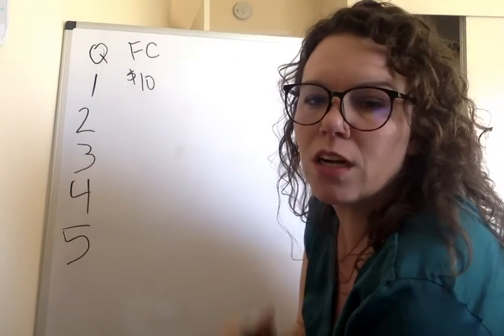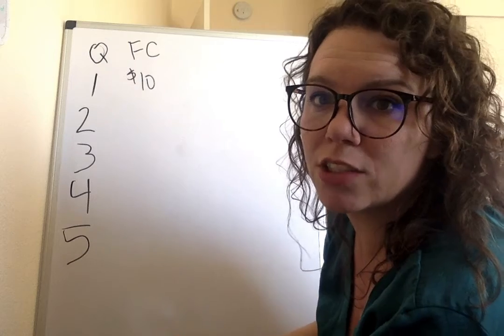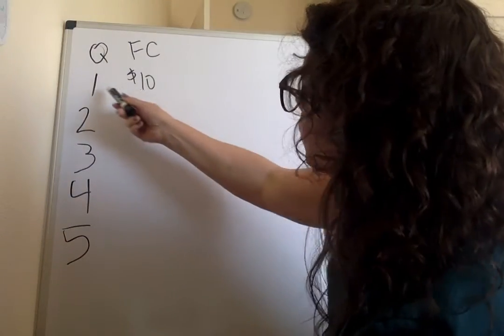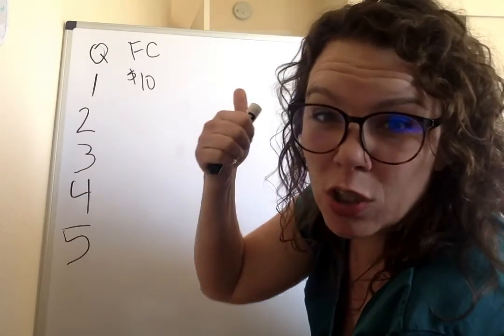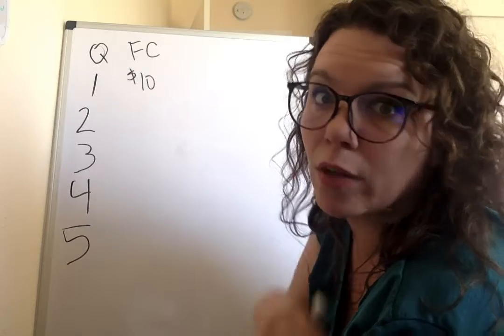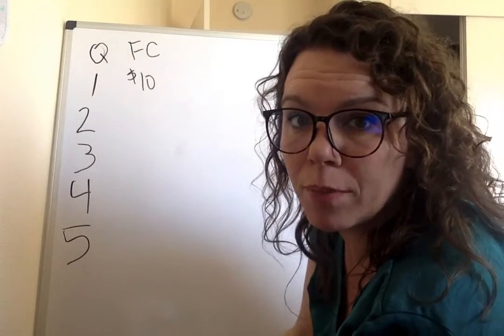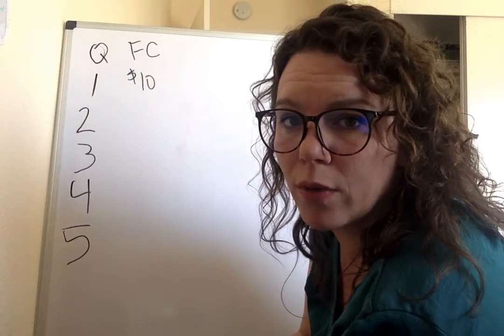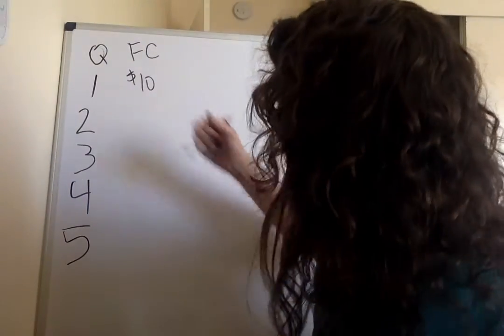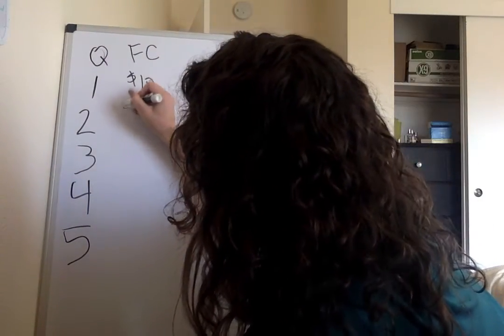And remember, fixed costs are the costs that don't change as you scale up or down production. So if it's $10 for a quantity of 1, it's going to be $10 for a quantity of 0, $10 for a quantity of 5. Think of it as being like the rent you have to pay on your shop or something like that. It's what you have to pay whether you shut down or not, no matter how many units you produce. So that's going to be $10 all the way down.